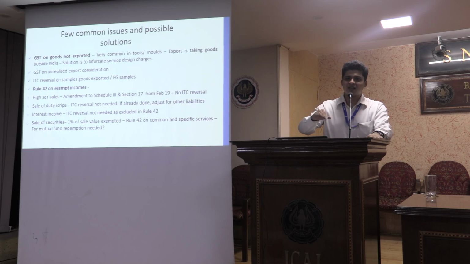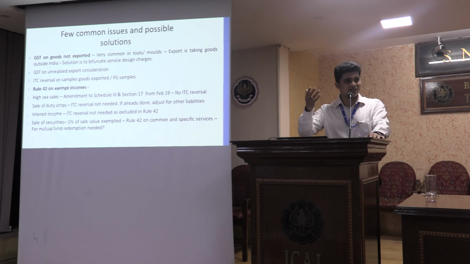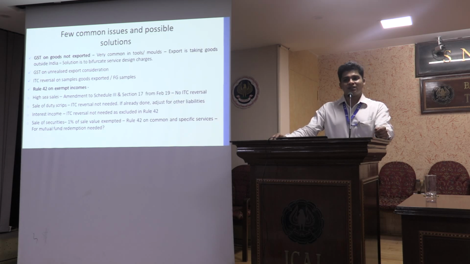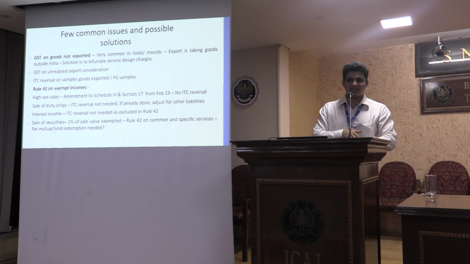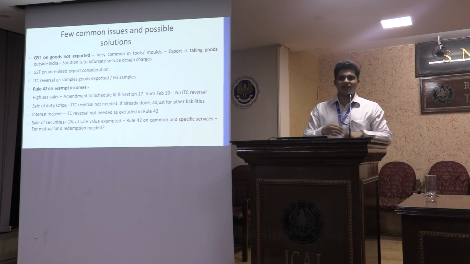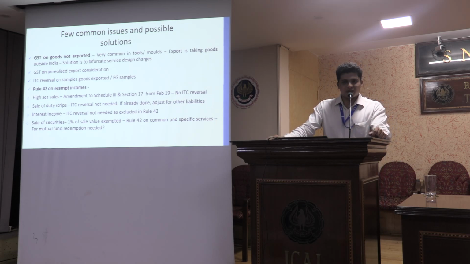So in the past, if I had considered and reversed ITC to that extent, and in the beginning there were MEIS, SEIS related scrips at a higher value, and at that time, if I had taken the entire value as exempt supply, there could be a significant ITC reversal which was performed in those initial 3 years.